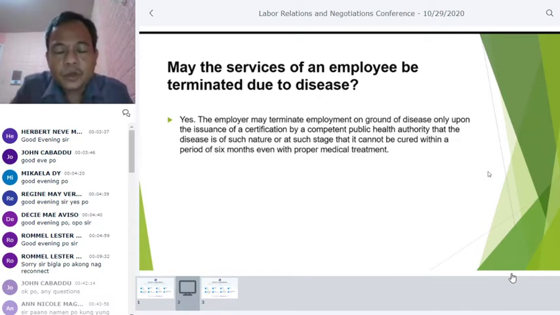At bawal po ang discrimination. Kailangan si employer to provide for the necessary precautionary measure para hindi mahawaan din yung mga tao, and at the same time, still to accept this employee who has incurable disease. Huwag naman tanggal ka agad. Okay? Compassion dapat, consideration dapat.